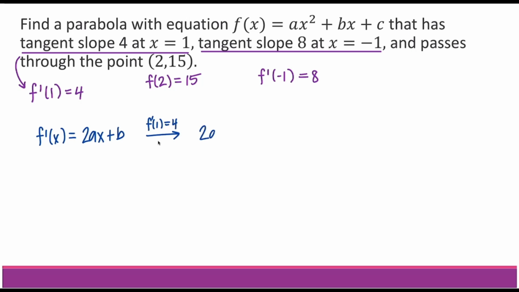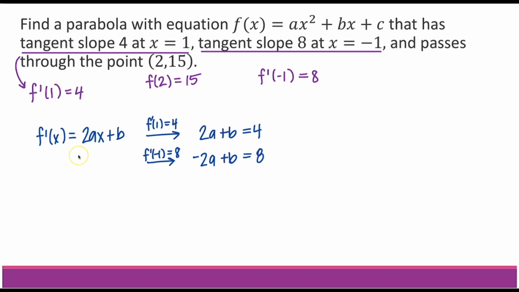So 2a plus b is equal to 4. And then when I substitute in -1, so f prime of -1, that's going to give me a positive 8. So if I let x be -1, then I'm going to have -2a plus b is equal to 8.